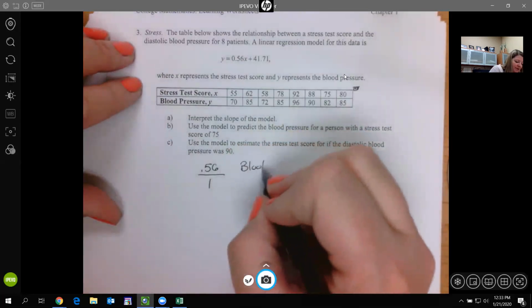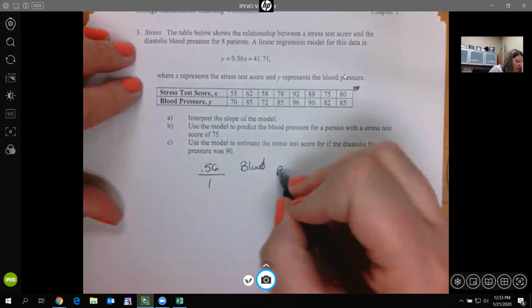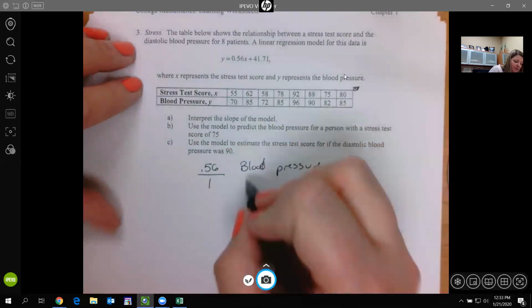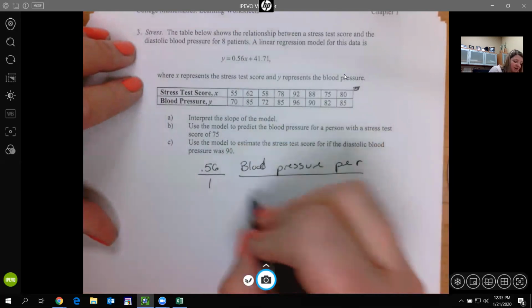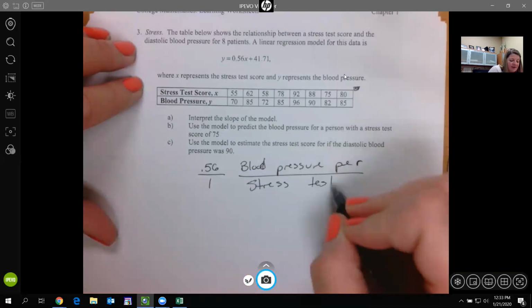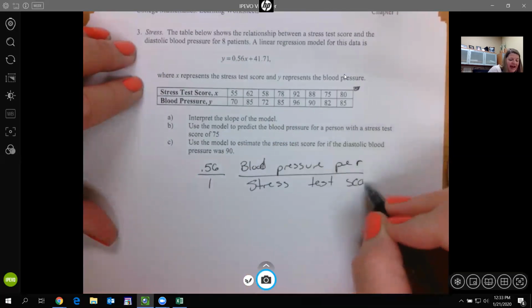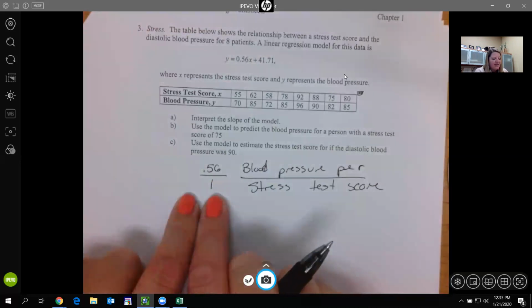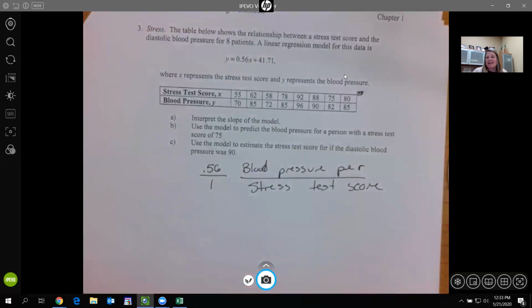It's blood pressure per whatever's on the denominator, which was our stress test score. So there's a way to kind of help you with how to think about the slope. The slope is always our change in Y over our change in X. So change in Y over change in X. Blood pressure per stress test.